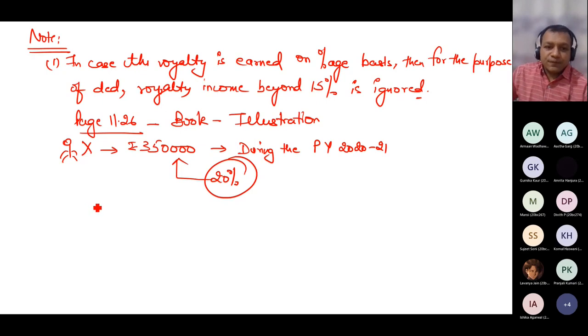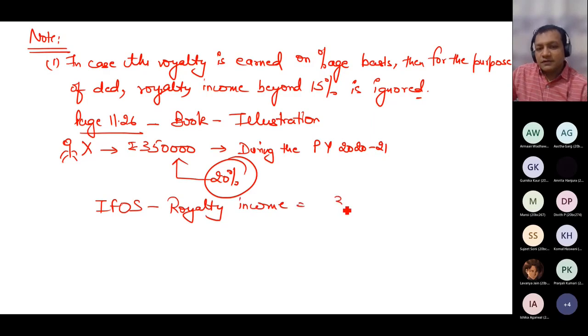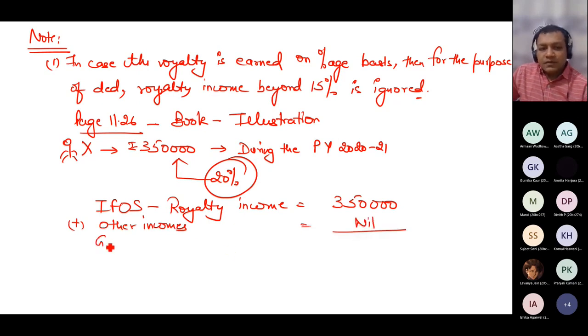So what will you write? Income from other source. First of all, this is an income, you write it. Royalty income is income from other source, 350. Then you will write, is there any other income? In my example, suppose not given. Gross total income 350.